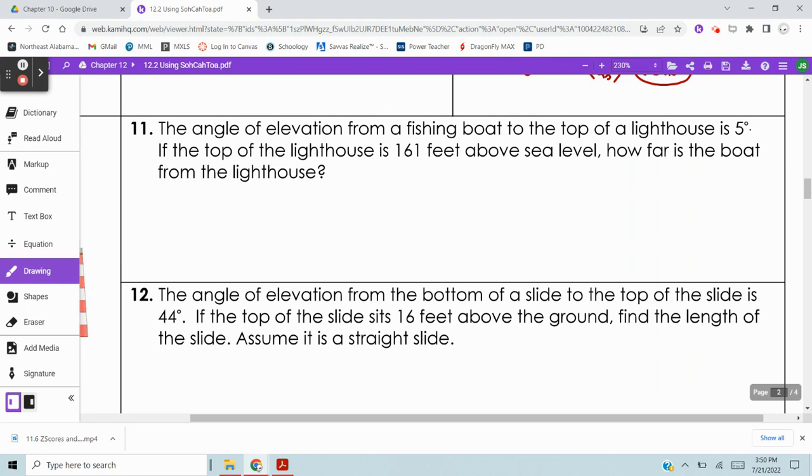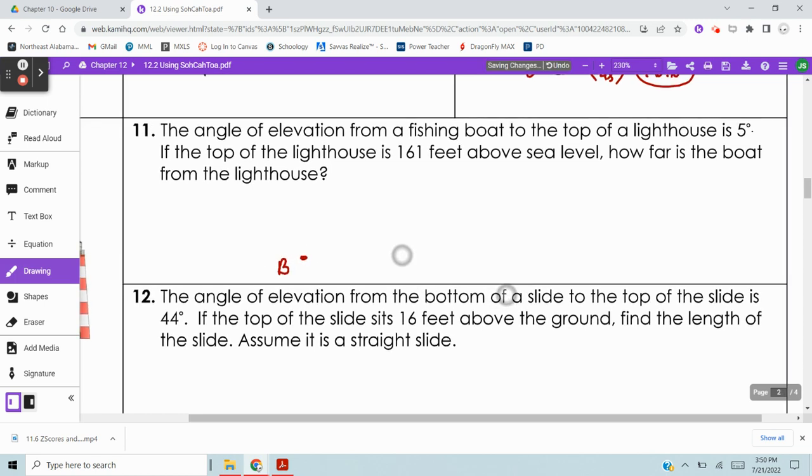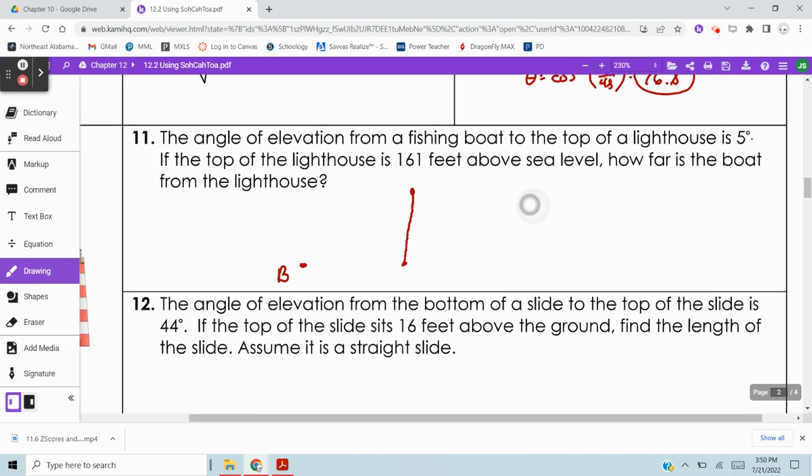So on number 11, it says the angle of elevation from a fishing boat to the top of a lighthouse is 5 degrees. So I'm just going to put a dot for my boat, and then we have our lighthouse over here. I'm going to draw just a stick, and there's the top of our lighthouse. And here is our angle of elevation.